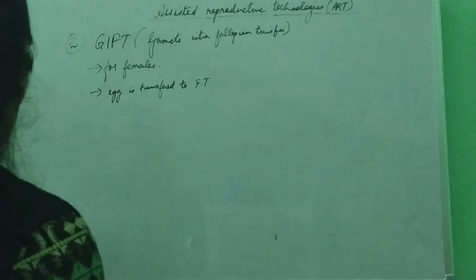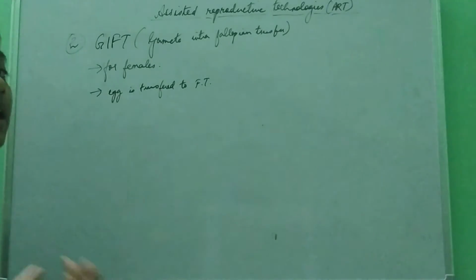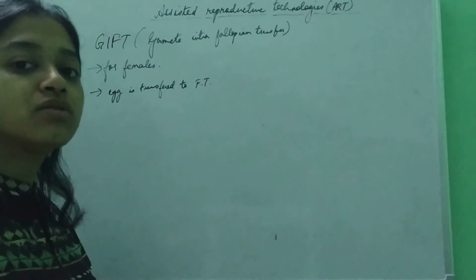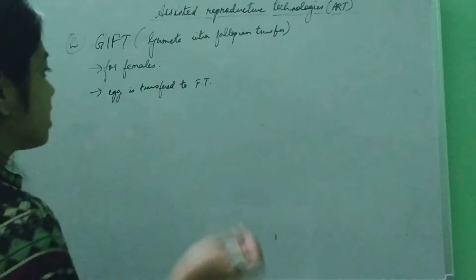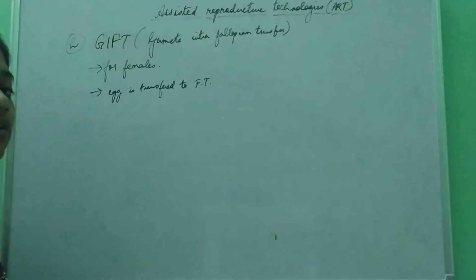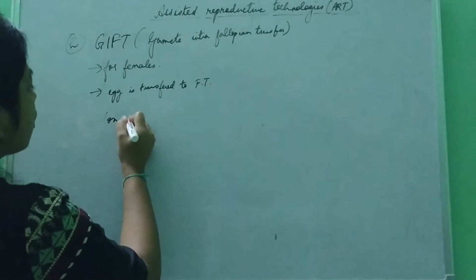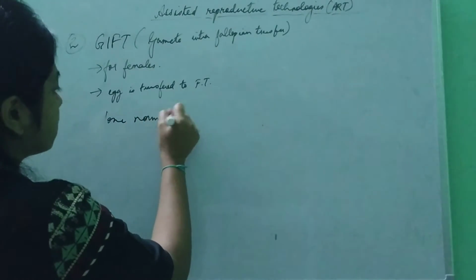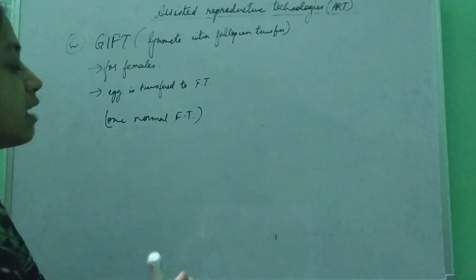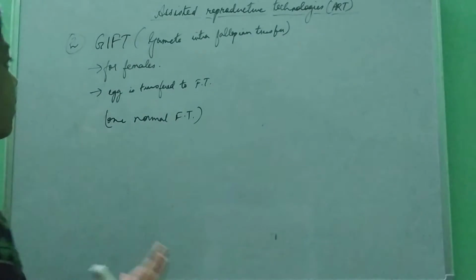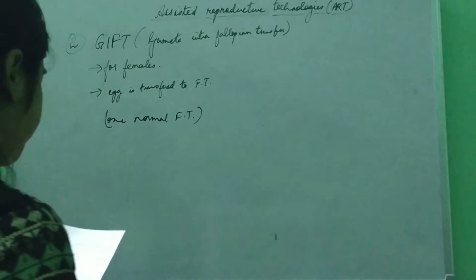This is done when the egg is not properly formed, or the fimbriae are not collecting the egg properly, or the egg is not formed. Then an egg from outside is transferred to the fallopian tube of the female. For this, at least one fallopian tube should be normal, so that the egg can be transferred to it.